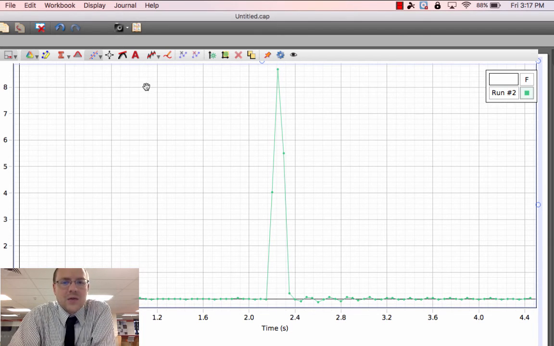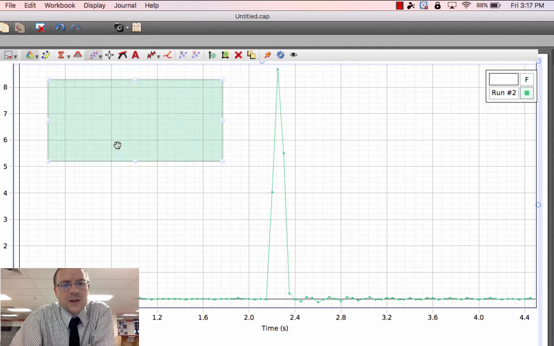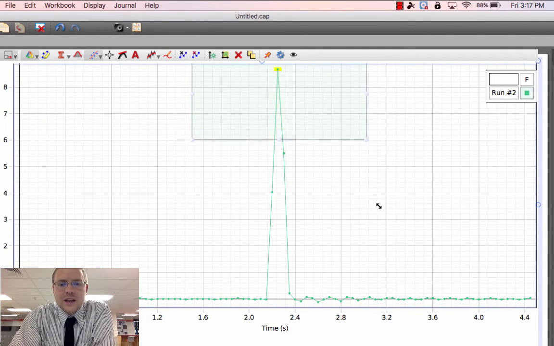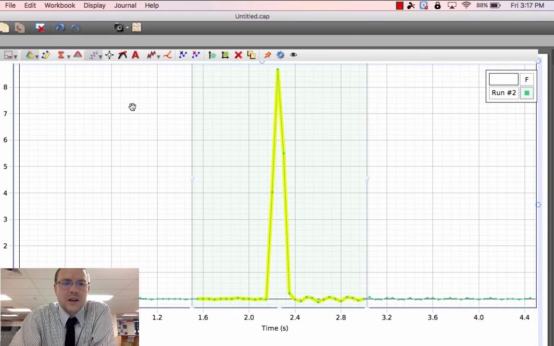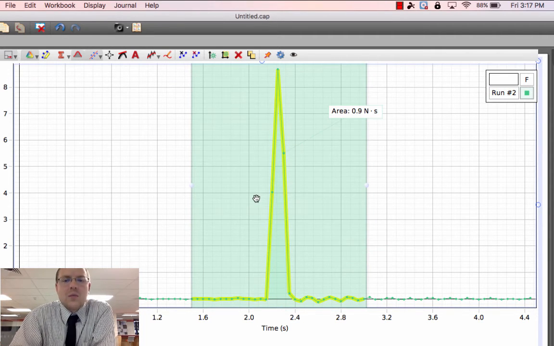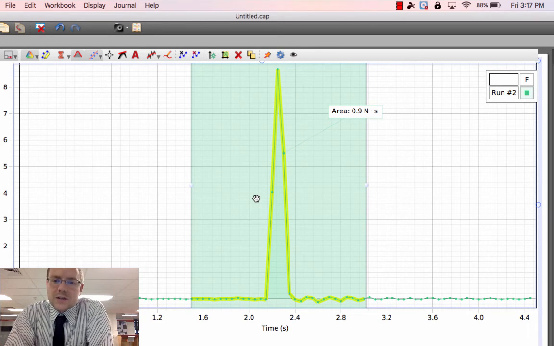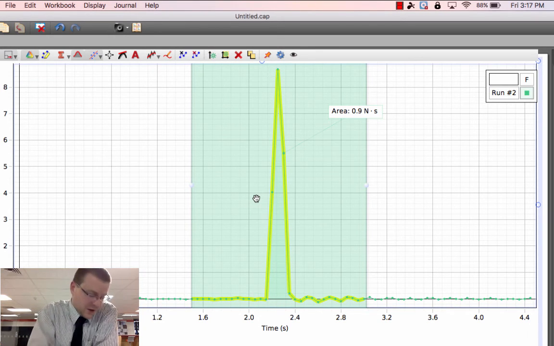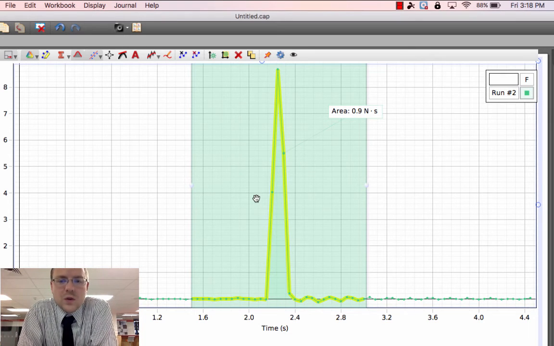It maxes out around, looks like 9 newtons, so we're looking for the area under that curve. The area under the curve I can highlight with our data collectors here and calculate our area to be 0.9 newton seconds. So I know the area under the curve is 0.9 newton seconds. Let's head over to the whiteboard and see if we get our change in motion to match up with that.